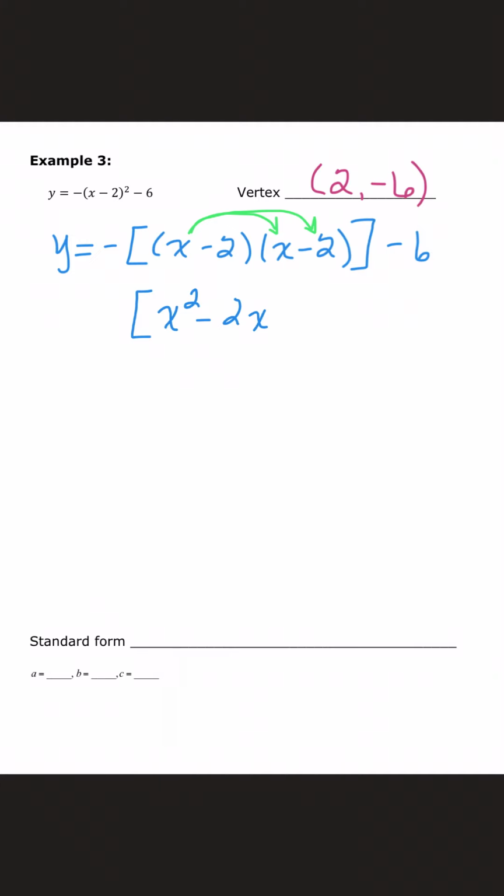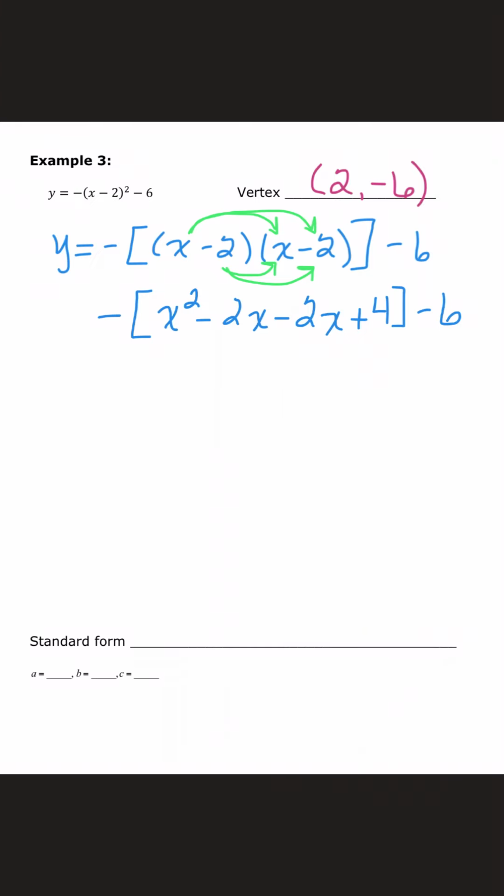Now I'm going to go ahead and distribute the negative 2, so that's negative 2 times x and negative 2 times negative 2. So negative 2 times x is another negative 2x, and negative 2 times negative 2 turns back into a positive 4. Again, the negative sign is still in front and the minus 6 is still in the back.